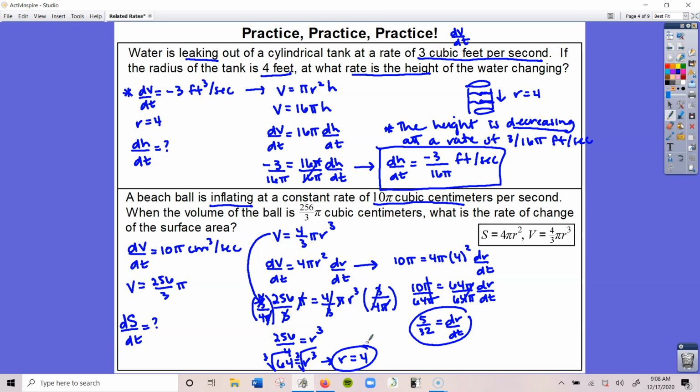Now, the reason why we're going through all this is because if we start trying to figure out dS/dt, which is the end goal here, my surface area S is equal to 4 pi r squared. So when I find the derivative, dS/dt would equal 8 pi r dr/dt. If you would have done this at the very beginning, that's fine.